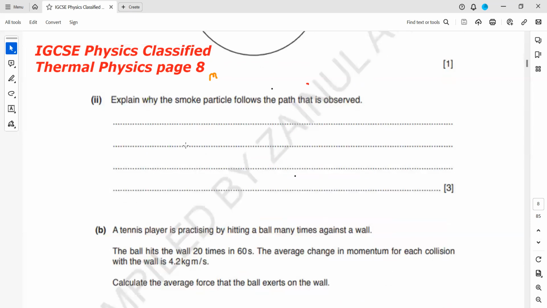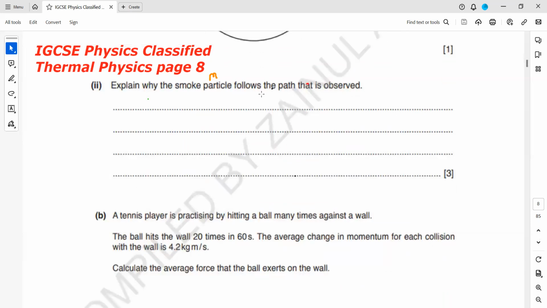The next one: explain why the smoke particles follow the path that is observed. Whenever you show Brownian motion, it is always short distances and straight lines. Random changes, short distance, straight line.